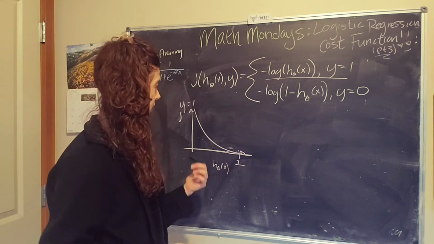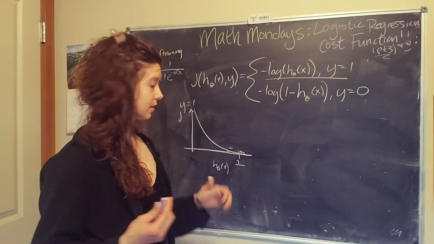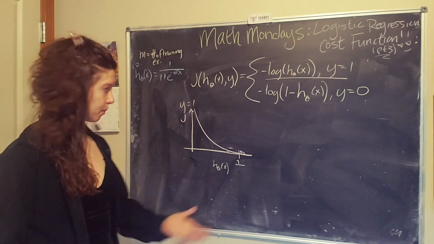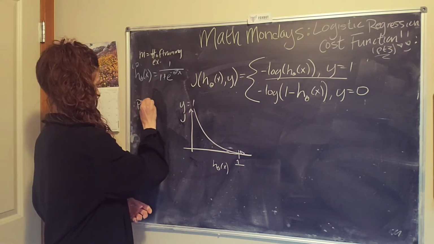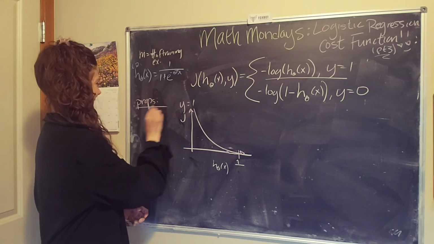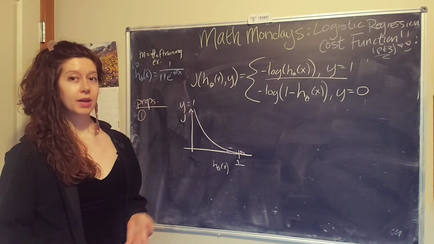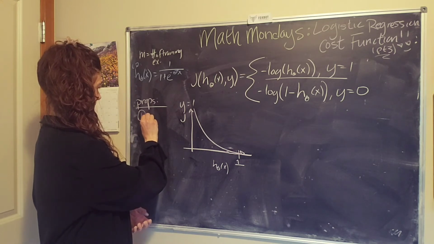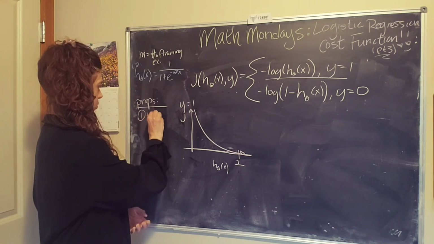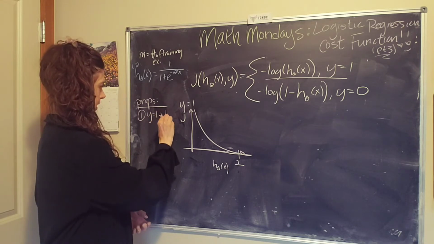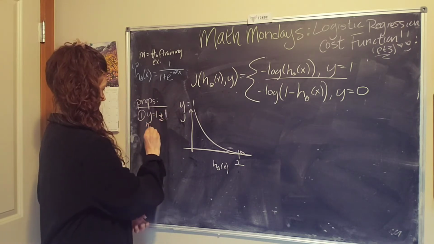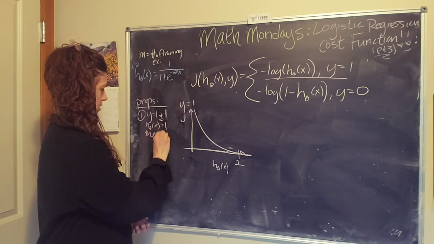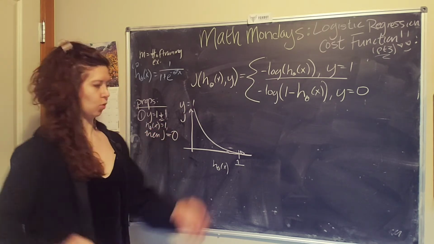Cool. So this gives us some properties that we can point out. Number 1, when y equals 1 and h, our hypothesis function, equals 1, then J equals 0.